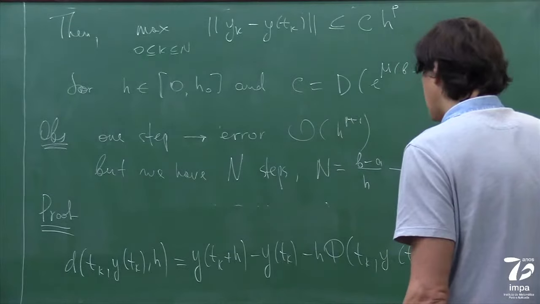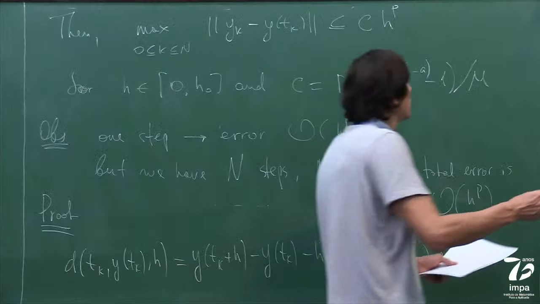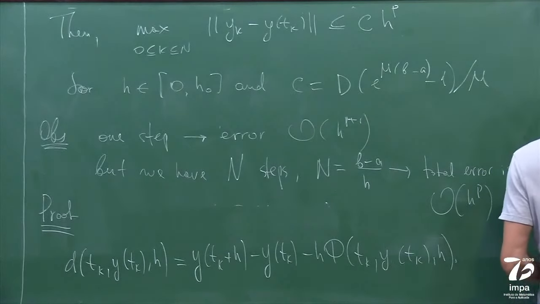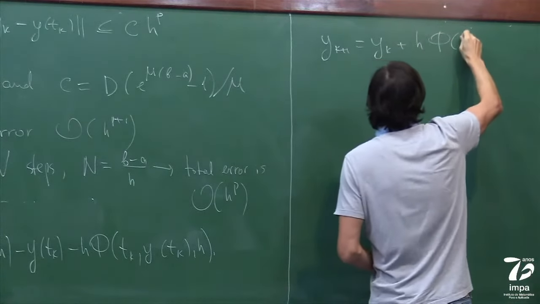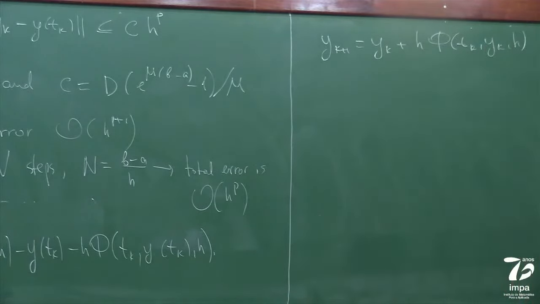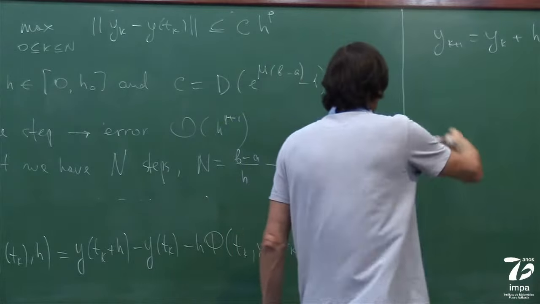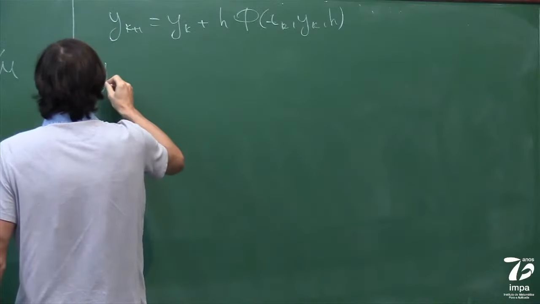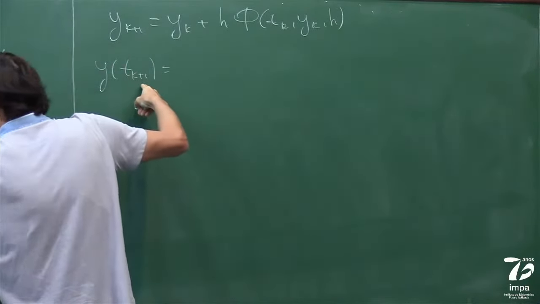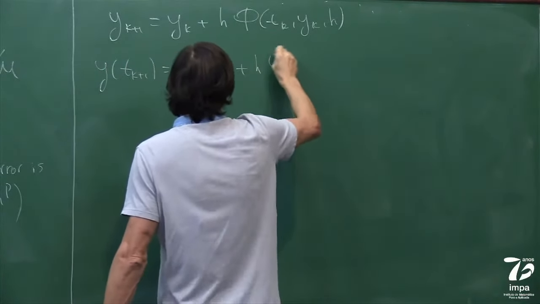Yeah, correct. So then what we do is we write two equations. One is our method, and another is this expression, but written in a similar way. So we write here y_{k+1} equal y_k plus h psi.